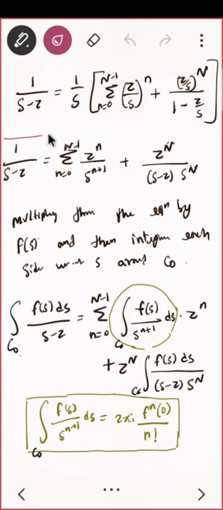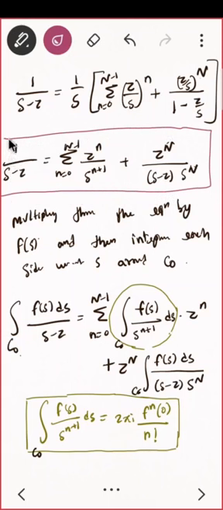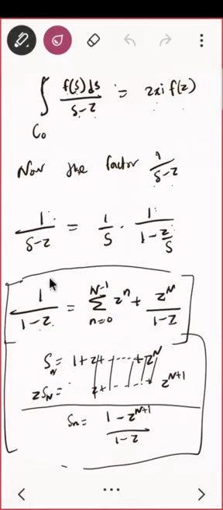I am using this thing. Here also I am using the same thing, z raised to n upon s minus z s raised to n. And I proved how it came. It is just a geometric progression. Take that s outside and take the geometric part.